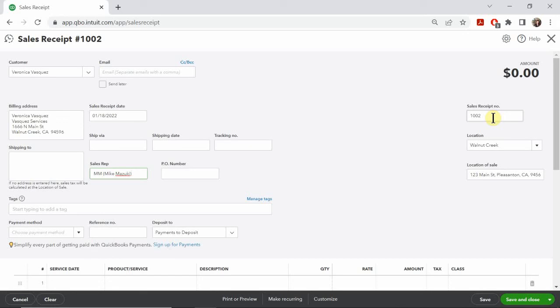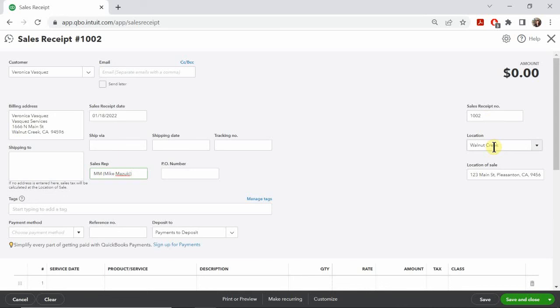So again, that is how QuickBooks automatically fills in these things for you to make it that much easier to process your sales receipt much quicker, or invoices, right? And they keep track for you. So in this case, I didn't have to fill in that this is the sales receipt for 1002. It already filled it in there for me.